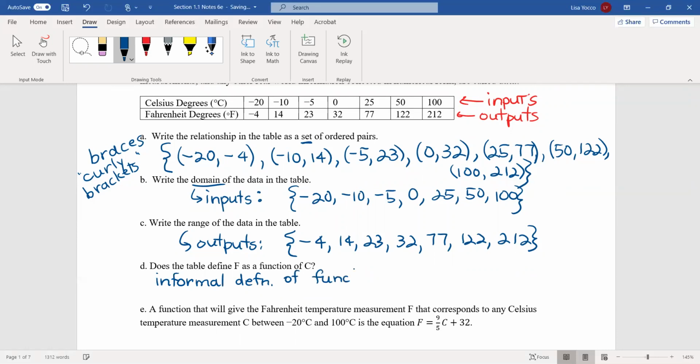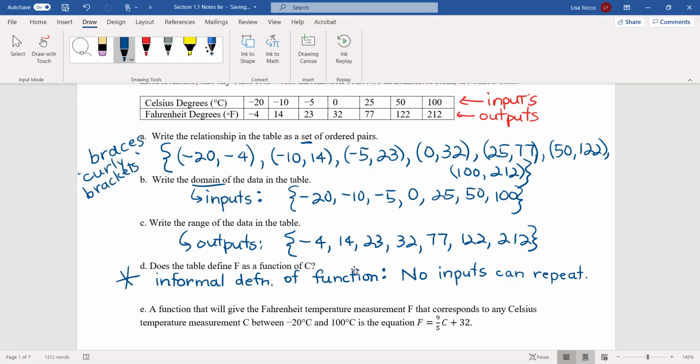In other words, this is kind of an easy way to look at it, especially if you just have a set of ordered pairs. The rule is that no inputs can repeat. All right, so that's a pretty handy thing to remember.